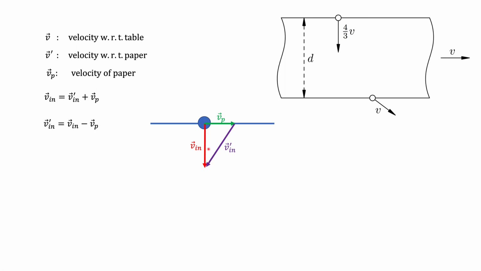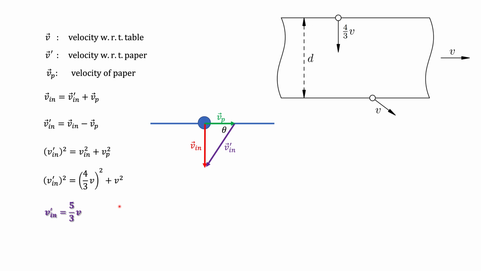We know two legs of this triangle, the red and green, and we are asked to find the purple hypotenuse. We have the Pythagorean theorem to do this. And now if you plug v in and vp in this formula and simplify and take a square root, we're going to get our answer. So magnitude of the velocity of the coin with respect to the paper is 5/3 v.